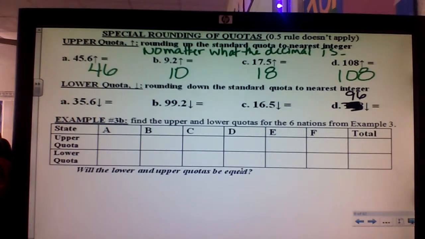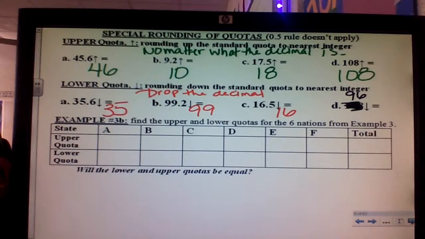Lower quota says rounding down the standard quota to the nearest integer. So in other words, drop the decimal no matter what. I don't care if it's 0.99. You drop the decimal. So 35.6 is just 35. 99.2 is 99. 16.5 is 16.